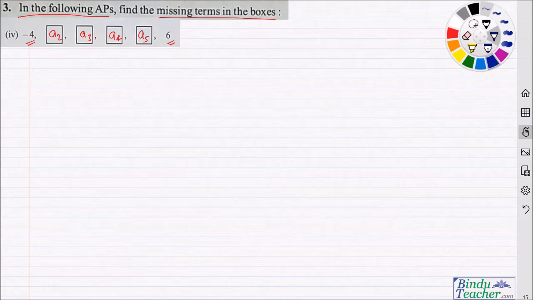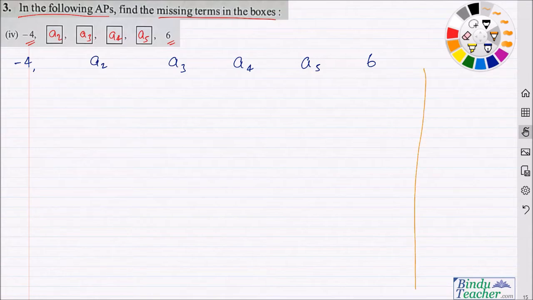So as always, we will start by writing down what we know. We have -4, we have A2, A3, A4, A5 and we have the value of 6. Now to be able to find the values, first let's write down the formula for an arithmetic progression.